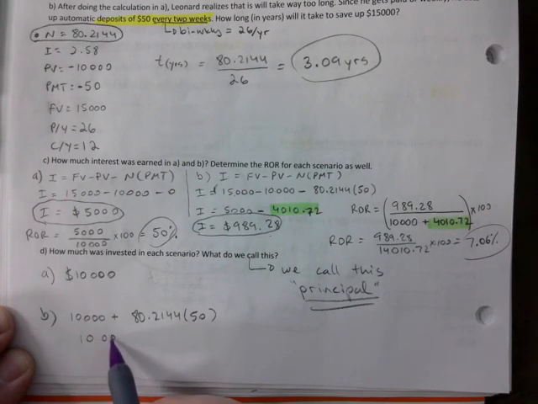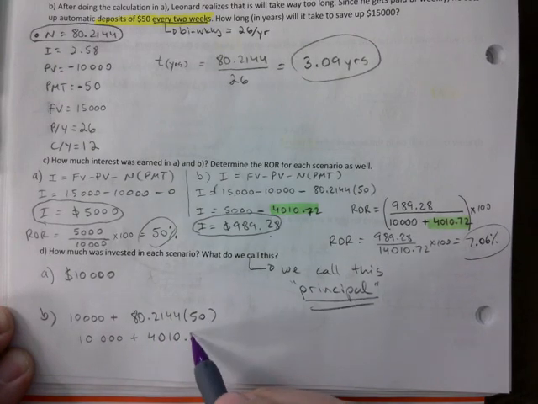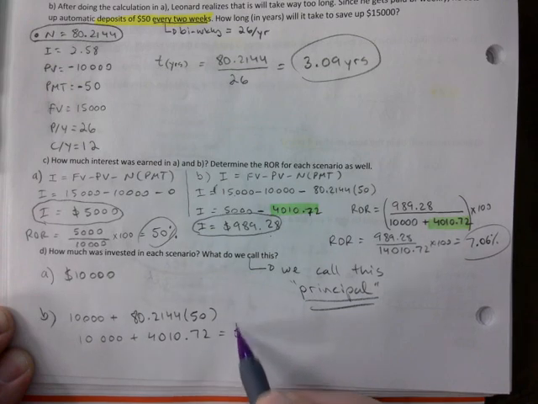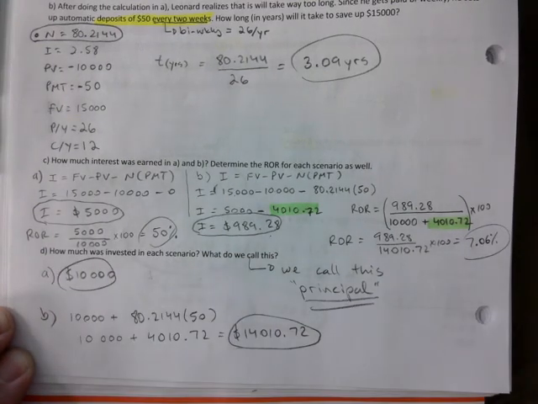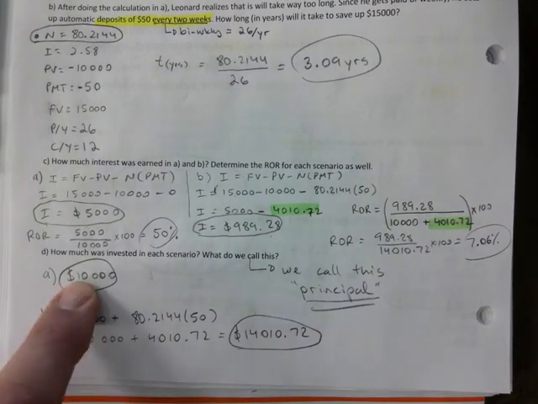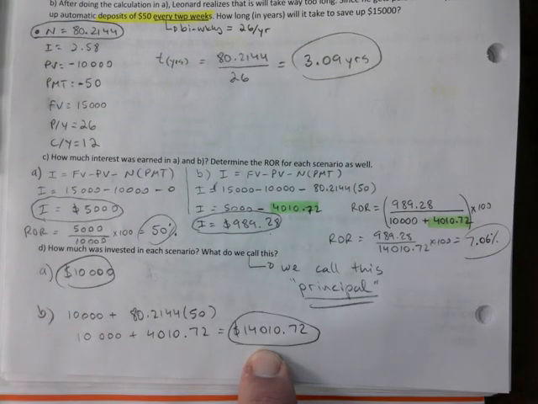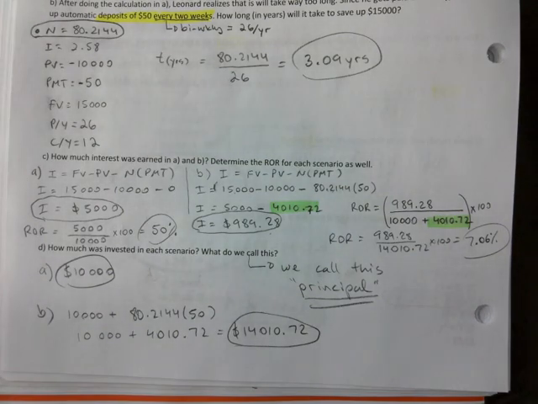So it's 10,000 plus 4,010.72. So in each scenario, you put in 10 grand in the first one, and because there were some payments made, you put in 14,000 of your own money. So you made that happen.